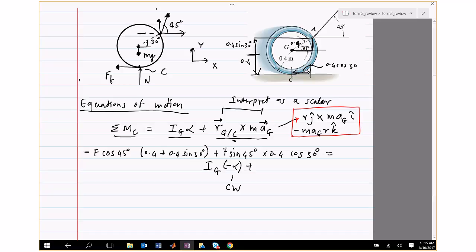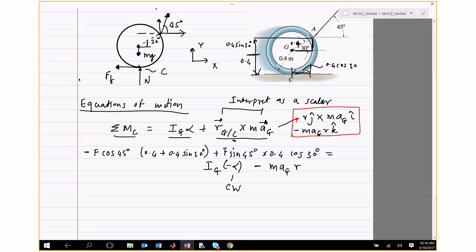It'll tend to spin the ring in the clockwise direction, right? Imagine this is the ring, and the force m Ag is this way, and C is this point. If you hold the ring fixed at C and you take the moment due to this force, that force will tend to spin this thing in the clockwise direction. So this force causes a clockwise moment. So this is going to be minus mass times acceleration of G times R.